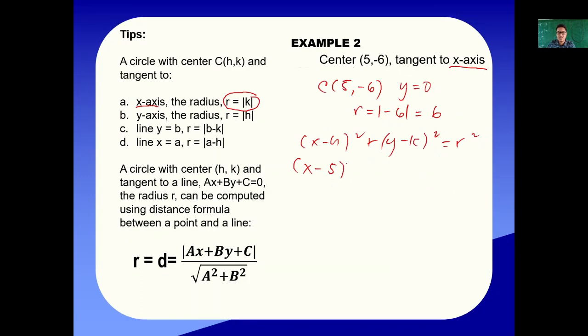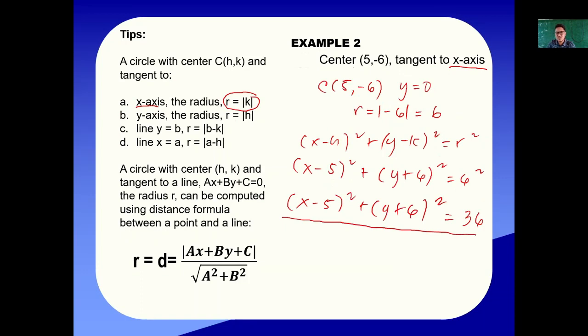That is 5 squared plus y, that is negative 6 times negative, that is y plus 6 squared is equal to 6 squared. Then simplify: (x minus 5) squared plus (y plus 6) squared. What is 6 squared? That is 36. Therefore, this is the standard equation if the center is 5, negative 6, tangent to x-axis.